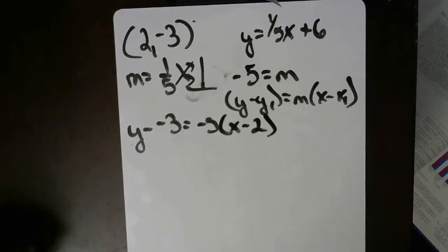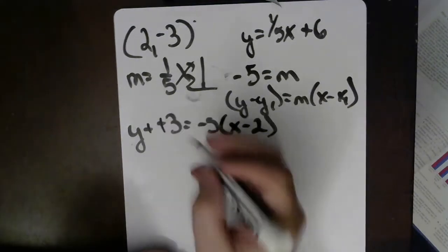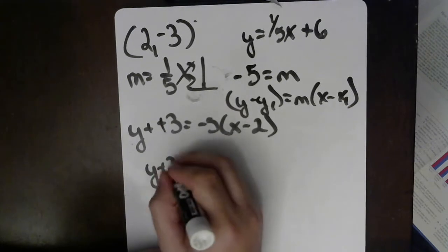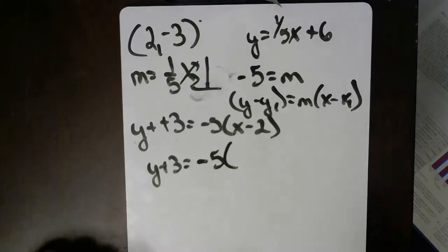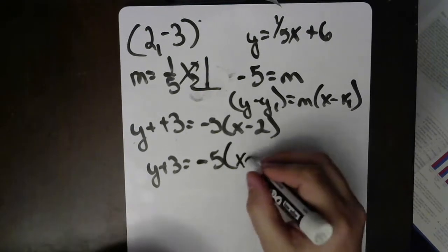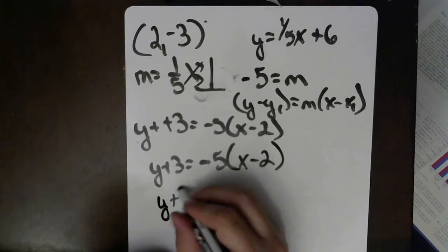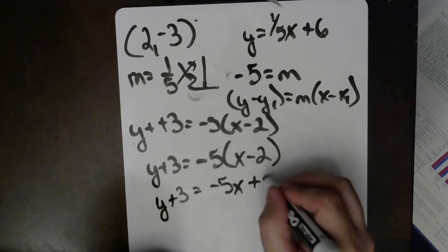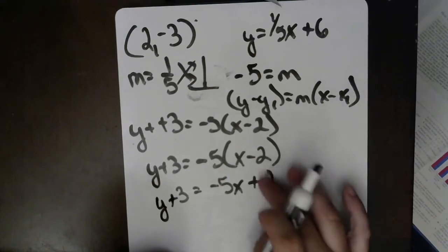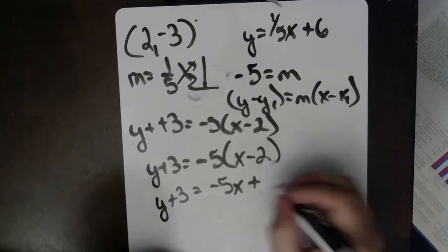Now, if you got that, then what I need you to do is finish it out. So plus a positive, so y plus 3 is equal to -5 times x minus 2. Distribute the -5: y plus 3 is equal to -5x plus, oops, not 2, because it's going to be -5 times -2, which gives us a positive 10.